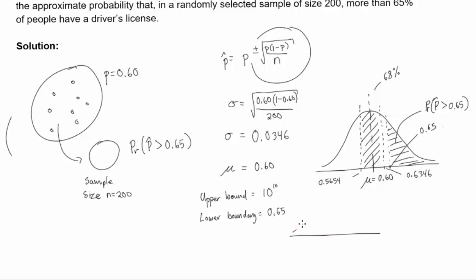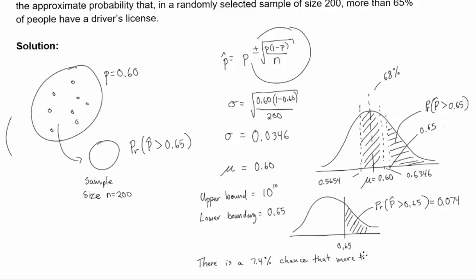And that would then calculate the area under the normal distribution curve to the right of 0.65. And in a graphics calculator, that returns 0.074. So the answer is, the probability is 0.074 or 7.4%.